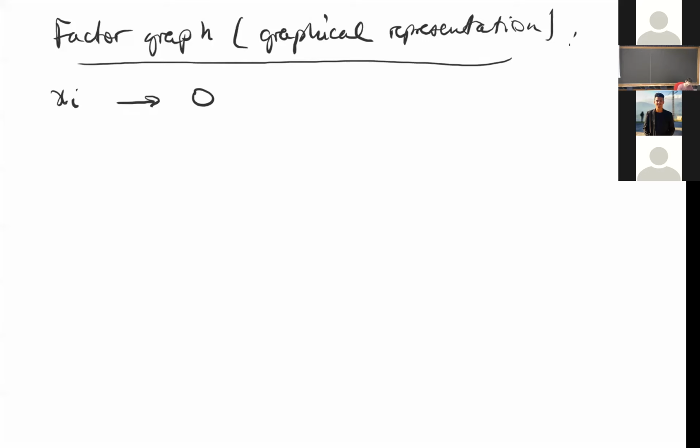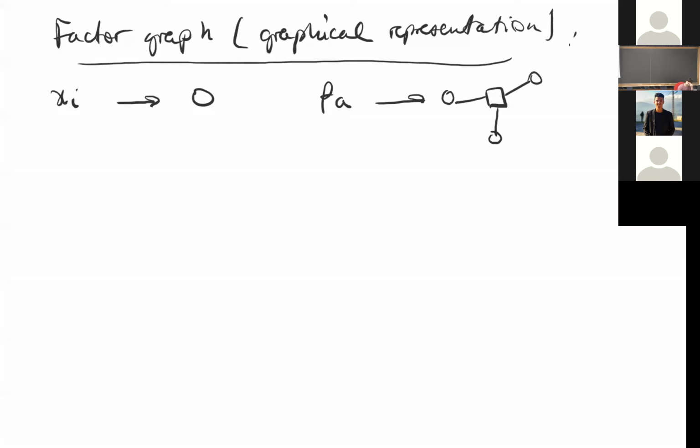And each factor, f_a, you associate a box. And then you just connect these boxes to the nodes, to the variables on which they depend. This f_a is a function of some variables, so you will draw edges that will be connected to the nodes on which they depend. While a given node will be connected to the factors which depend on this specific variable.